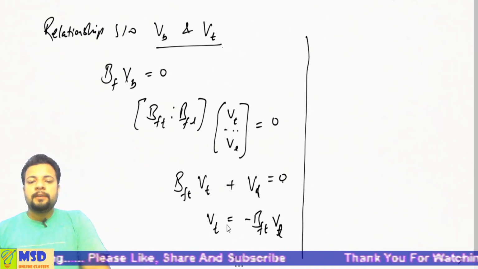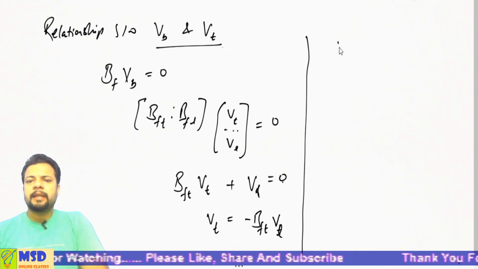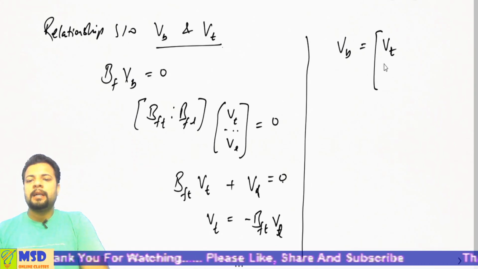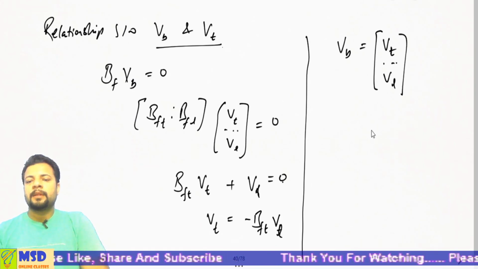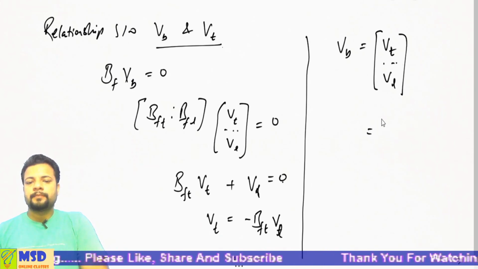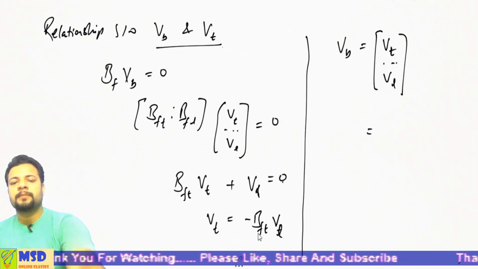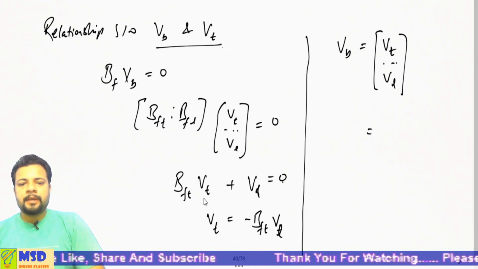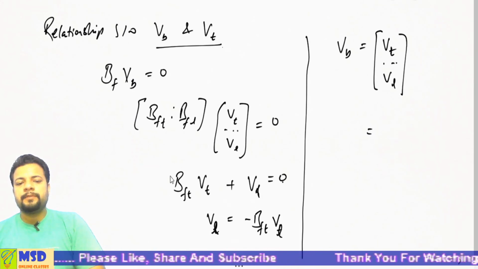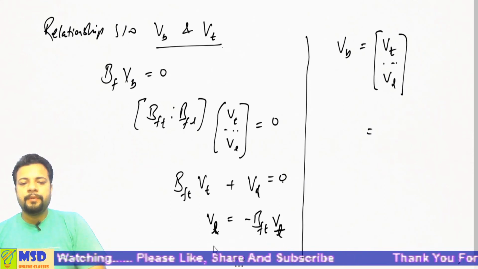Now here, we have related the link voltage vector with the twig voltage vector. Now I can write the branch voltage vector as VT and VL. Let me correct it. This is VL, which is equal to minus BFT into VT.